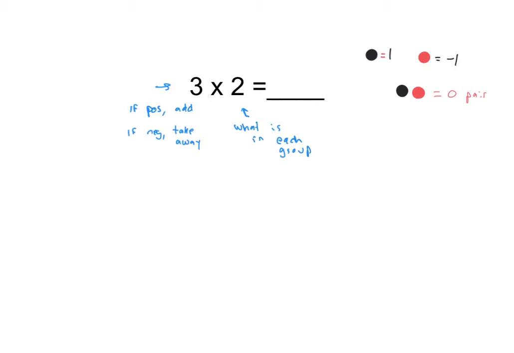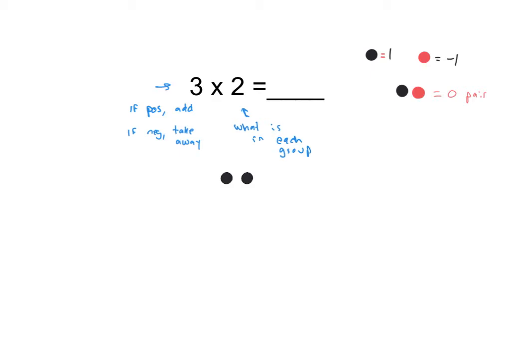Just like what we did with addition and subtraction. So in this problem, we are adding 3 groups of 2. That's how we can read this sentence. So I'm going to do that. We are adding 3 groups of positive 2.